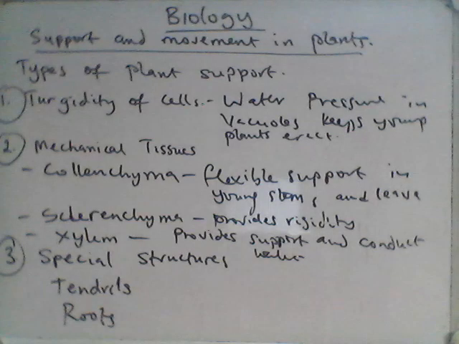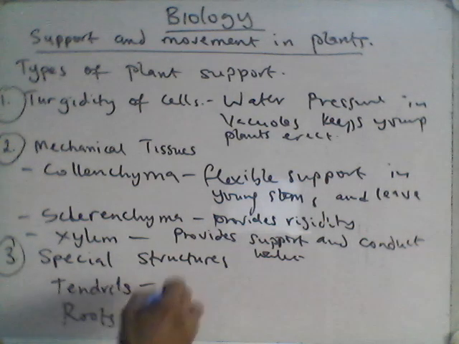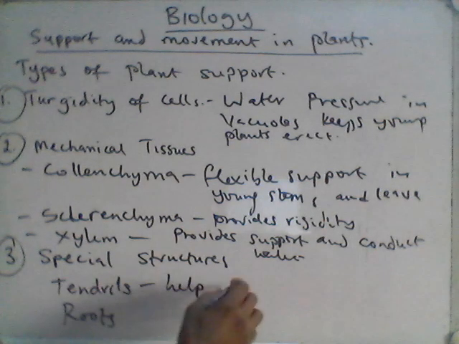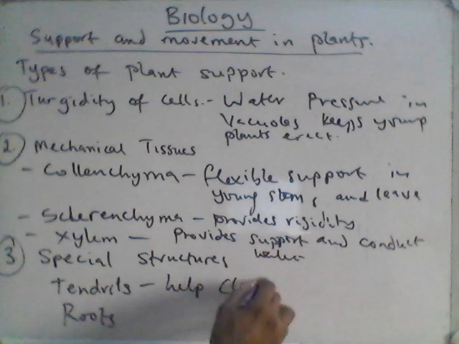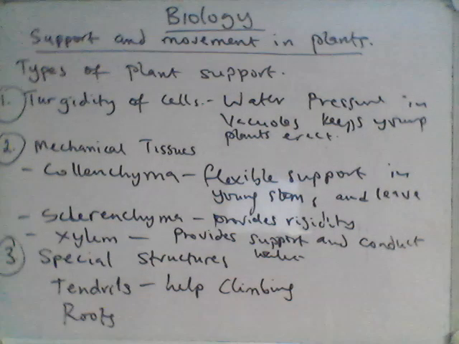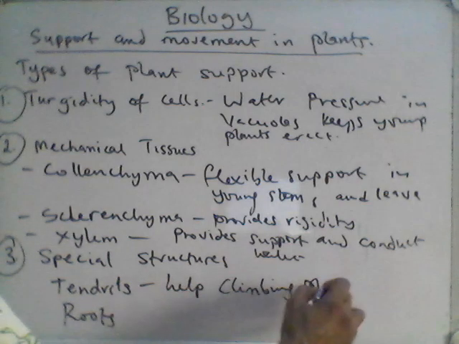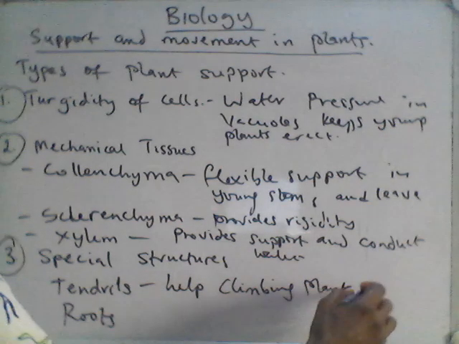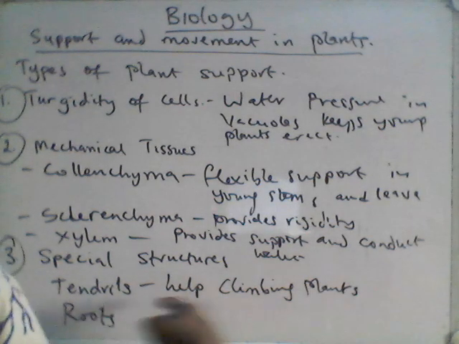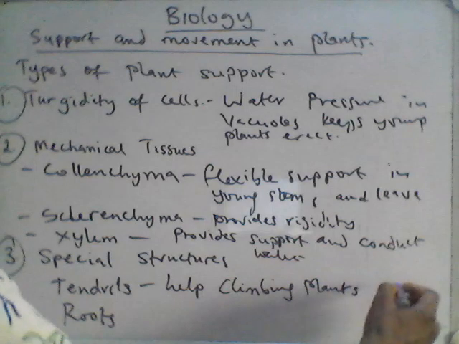Tendrils help climbing plants attach to supports. If you see yam, for instance, this is a tendril system. Tendrils help any plant that can climb. They use this feature to attach to any support and they will climb.